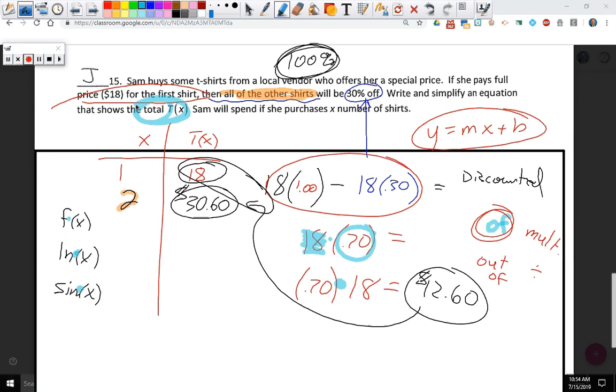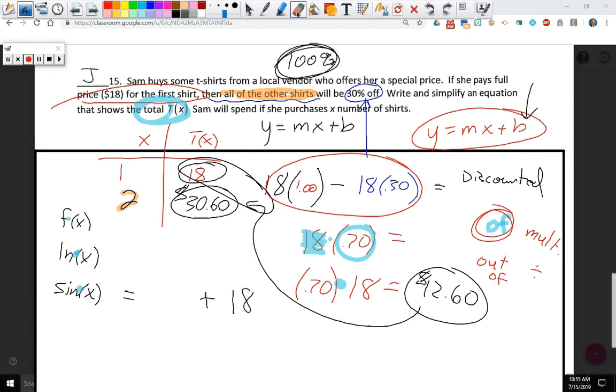The table is easier to see, but now let's create the equation that makes this work. Okay? What's the B? What's the B value? Check this out. The B value is where you start. So your starting one would be 18.